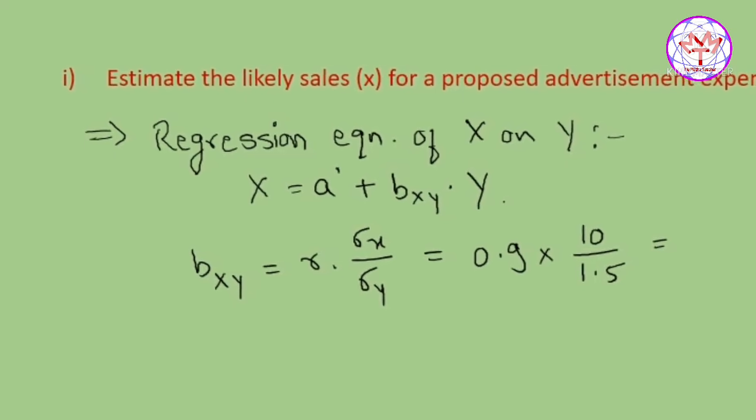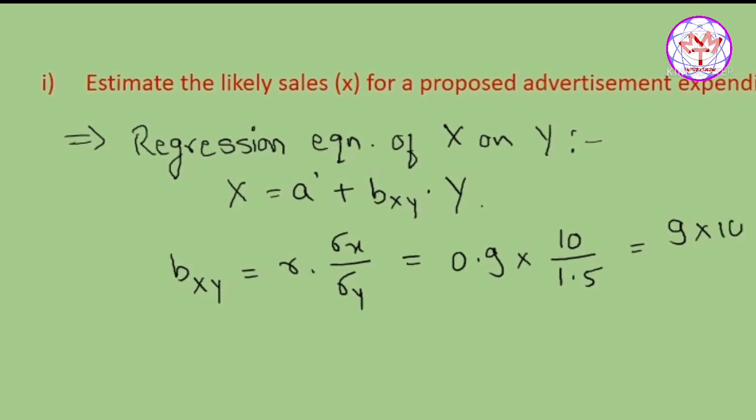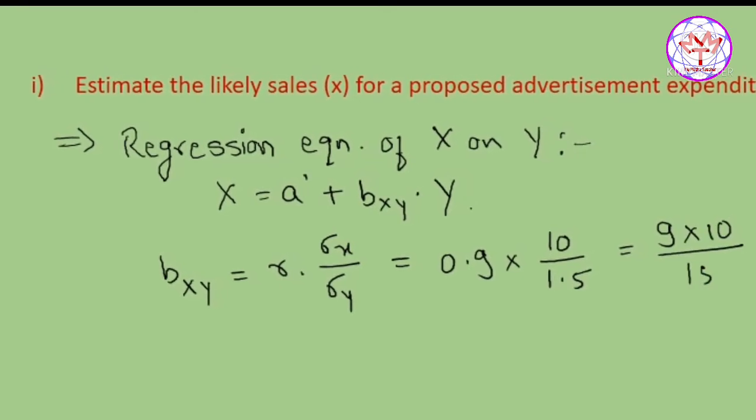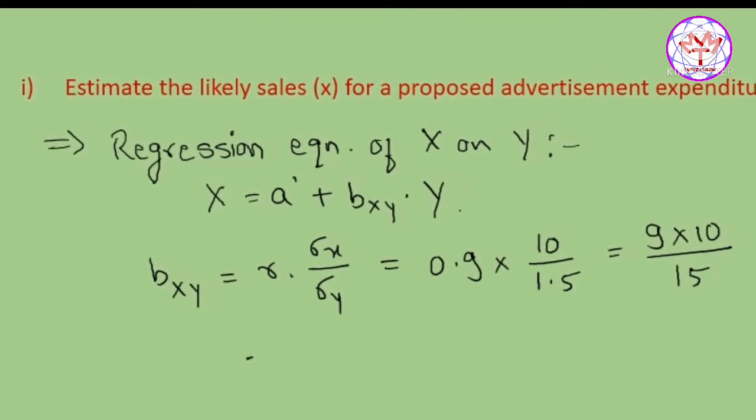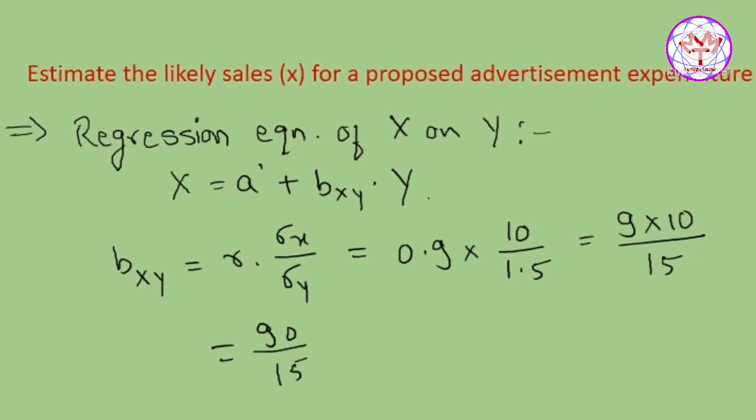So by shifting the decimal points, we can write this as 9 into 10 upon 15. So that is equal to 90 upon 15. And we know 15 sixes are 90. So this is equal to 6. So we get BXY is equal to 6.